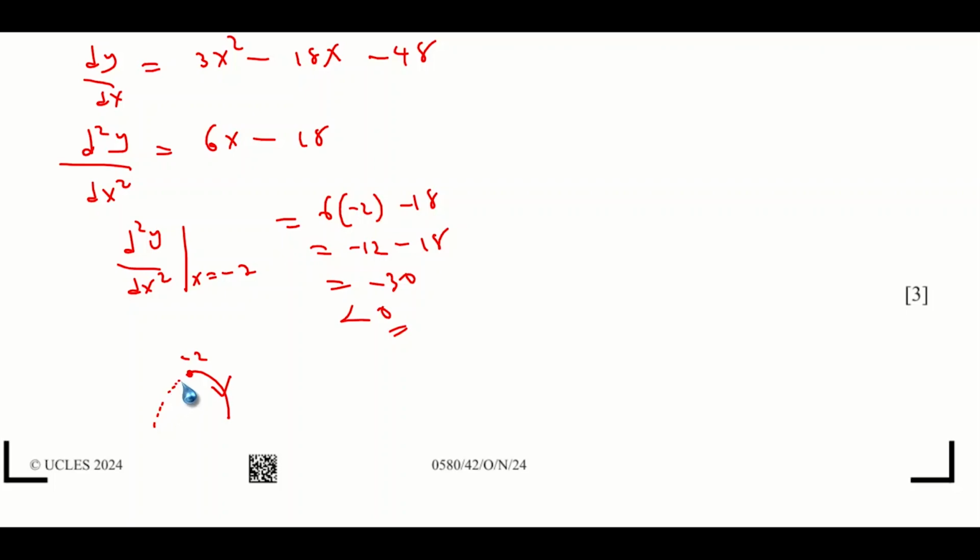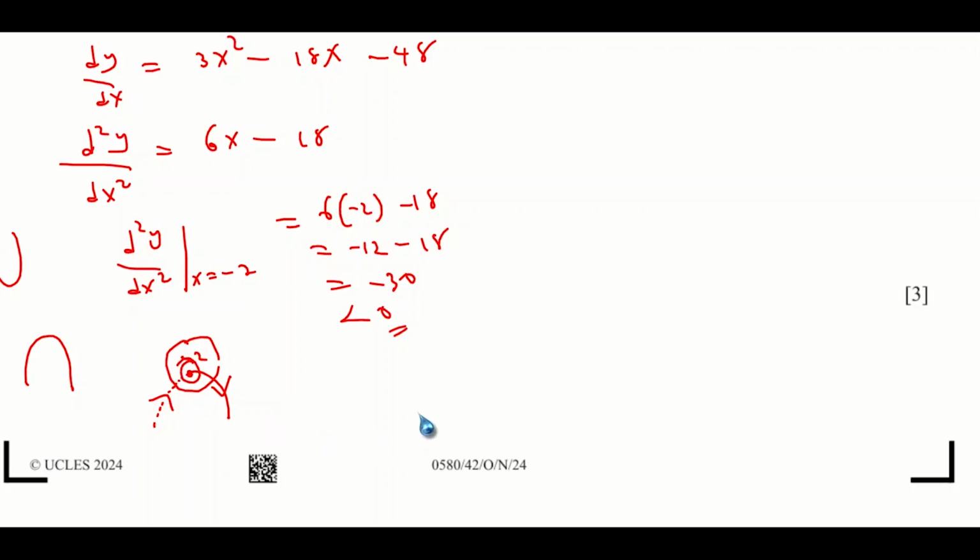Okay, I can use broken line. Then after the turning point, it begins to decrease. So that means it is maximum. As you can see, this is for maximum and this is for minimum. So it is a maximum point here.